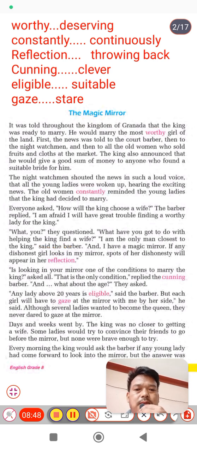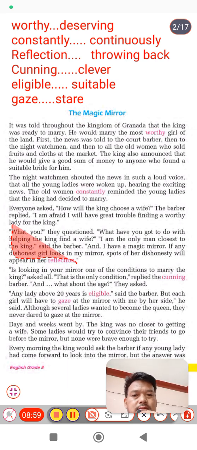And he told all of them that he had a magical mirror. If anyone is dishonest, if anyone has done anything wrong, when girls look in the mirror, spots of her dishonesty will appear in her reflection.